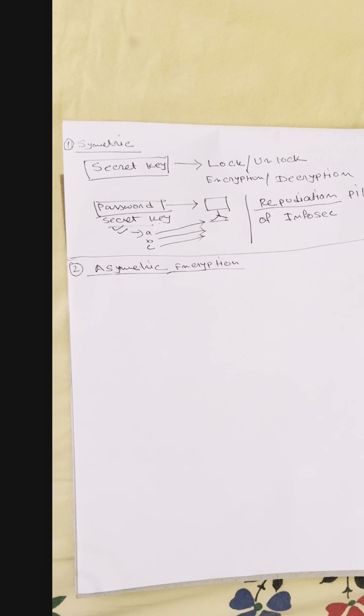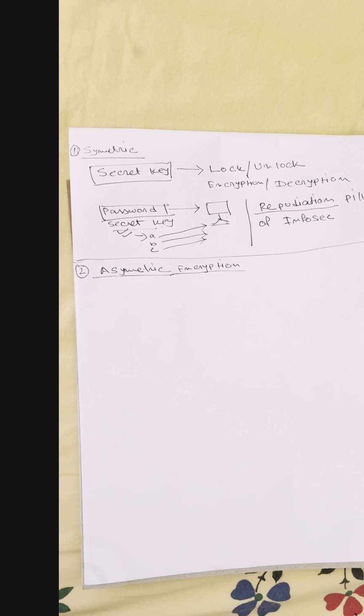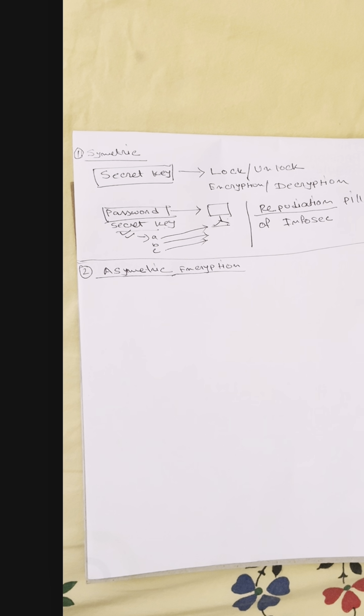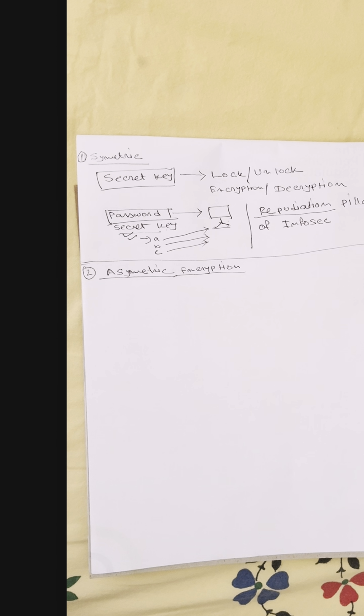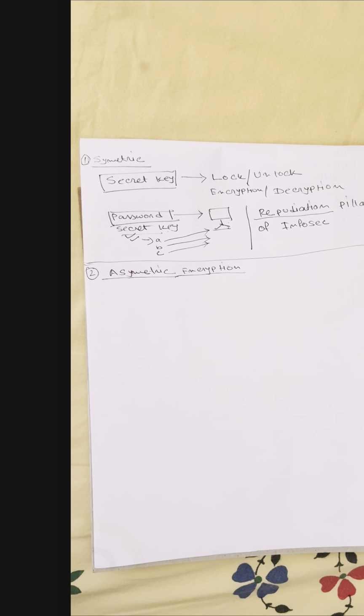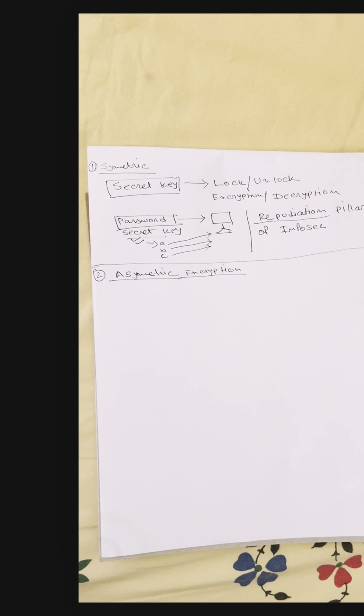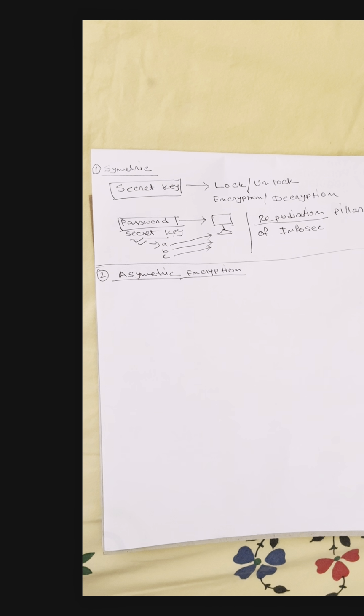So why do we use asymmetric encryption? Because it gives us confidentiality, integrity and repudiation. Availability I cannot say, it depends on the server; encryption doesn't give availability. Generally encryption gives us confidentiality, and apart from that, it gives us repudiation, right?